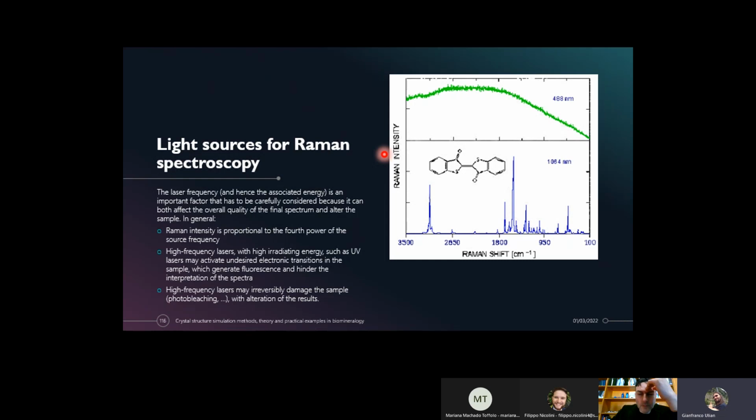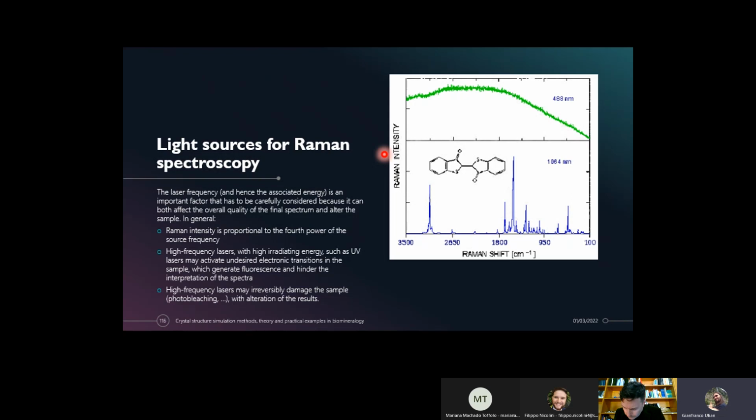There are also transmission Raman spectrometers, but in this case you have your ray that goes through the sample. There is diffusion, the elastic scattering of your light inside the material, and you collect it at 90 degrees.